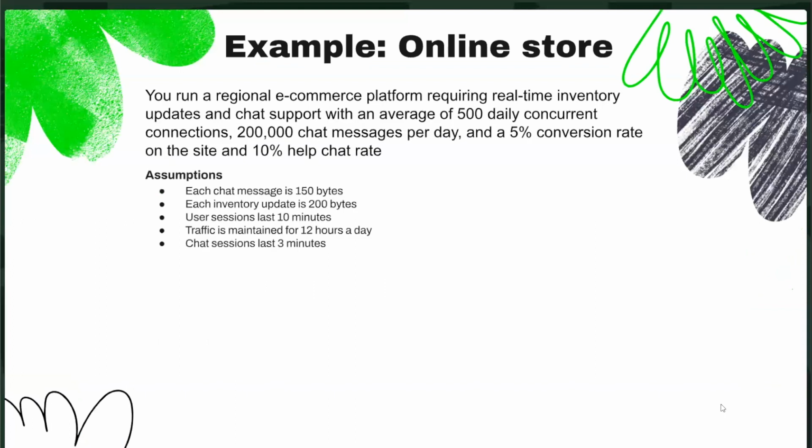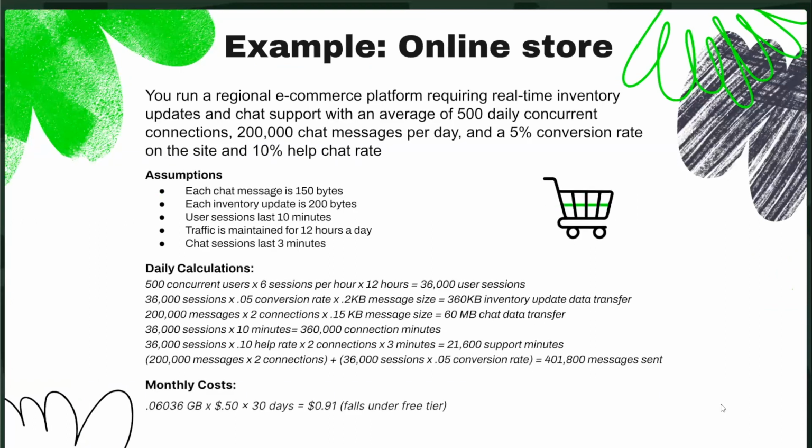The last example that we have is an online store, e-commerce. You have a bunch of people in here. There's a whole lot to this one. I'm not going to read the whole thing, but the big things to know is that you have a 5% conversion rate, which means 5% of the people that visit your site actually buy something, and you have a 10% help rate. So 10% of the people that come to your shop ask for help in some way.